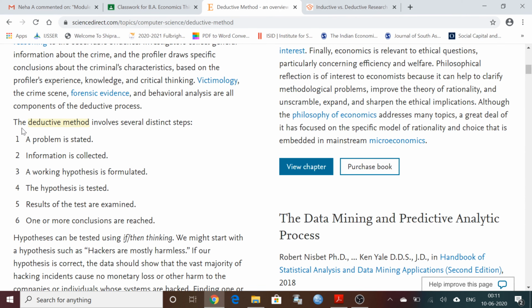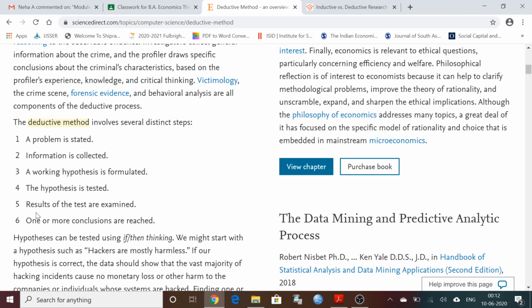If we found a problem, information is collected, working hypothesis formulated, the hypothesis tested, and results of the test are examined, one or more conclusions are reached. So this is the deductive method. So deducting conclusions, right, based on your observation. Then let's see what is inductive method.